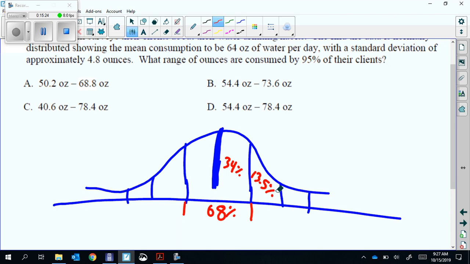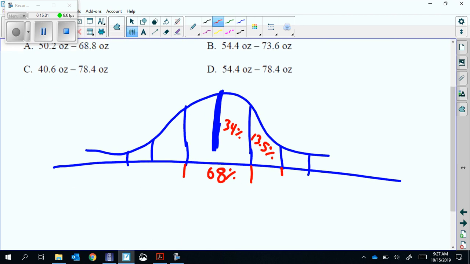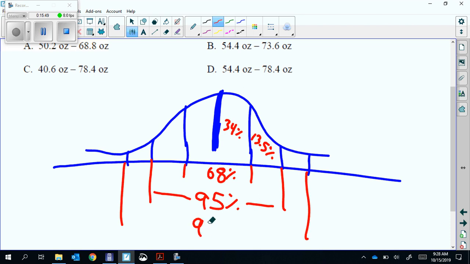So 13.5 plus the other 13.5 is 27% added on to that, which means going all the way out to there is 95%. And that last part, if you went all the way out another standard deviation, that's 99.7%.